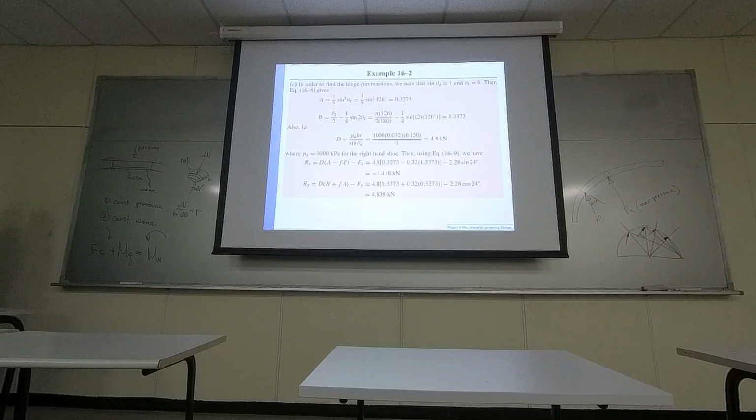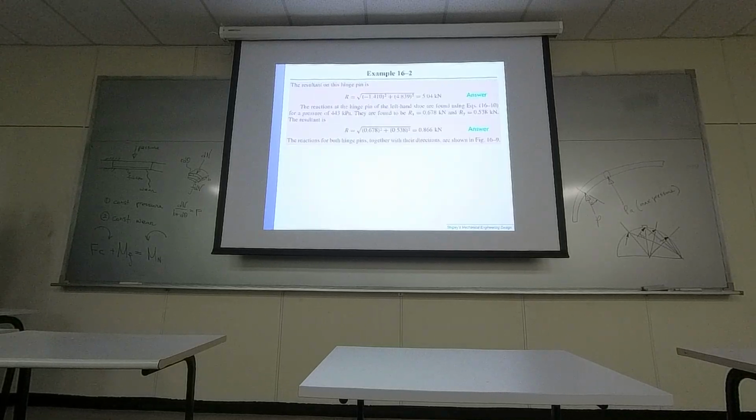Finally, it's basically the calculation for reaction forces. They just plug in the numbers. Okay. So overall, at the end, they computed the Rx and Ry and then compute the final reaction forces.